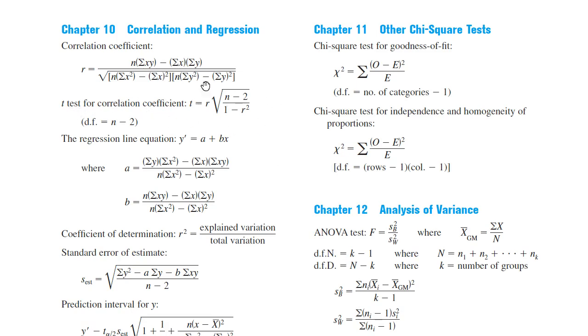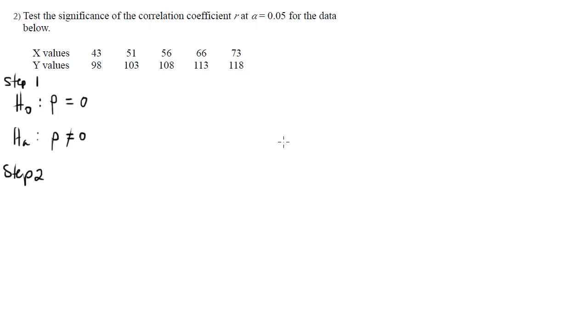Here's the formula to calculate the t value, which is going to be our test value. But here we're also told the degrees of freedom are n minus 2. That's important.